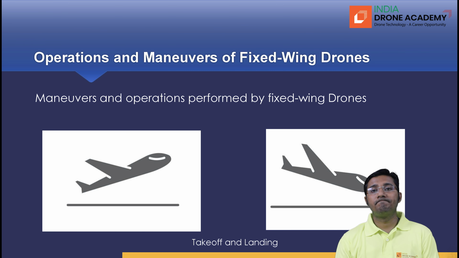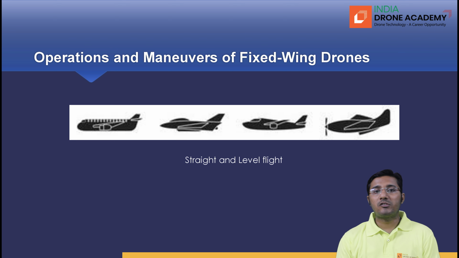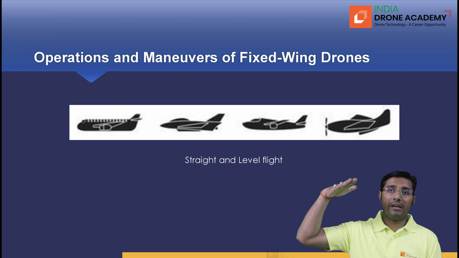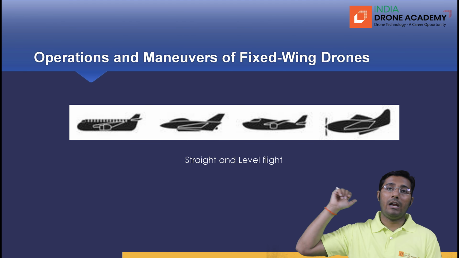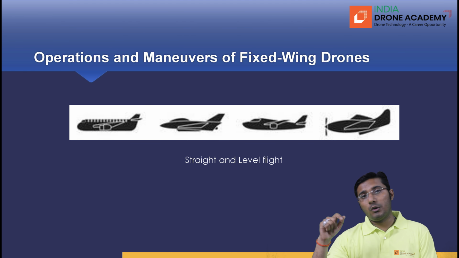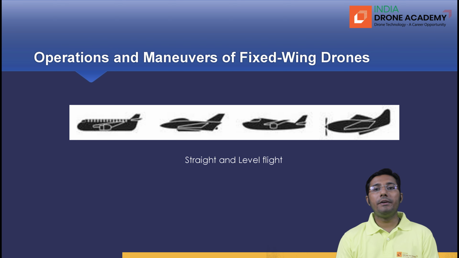Straight and level flight is another phase of flight, a particular motion where the aircraft is flying at a fixed altitude and with fixed velocity as well. You may be able to remember this phase of flight, right? It is what we call cruising in aviation.